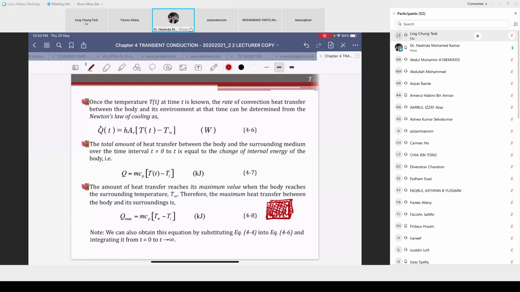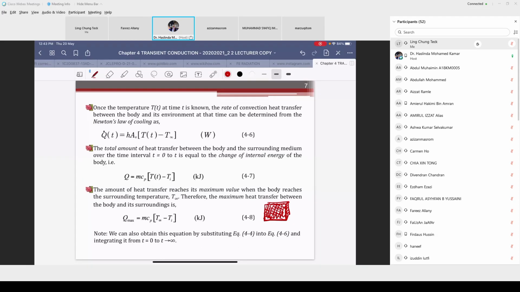Okay, now we continue. Based on the information given, if you can differentiate among these 3 equations.